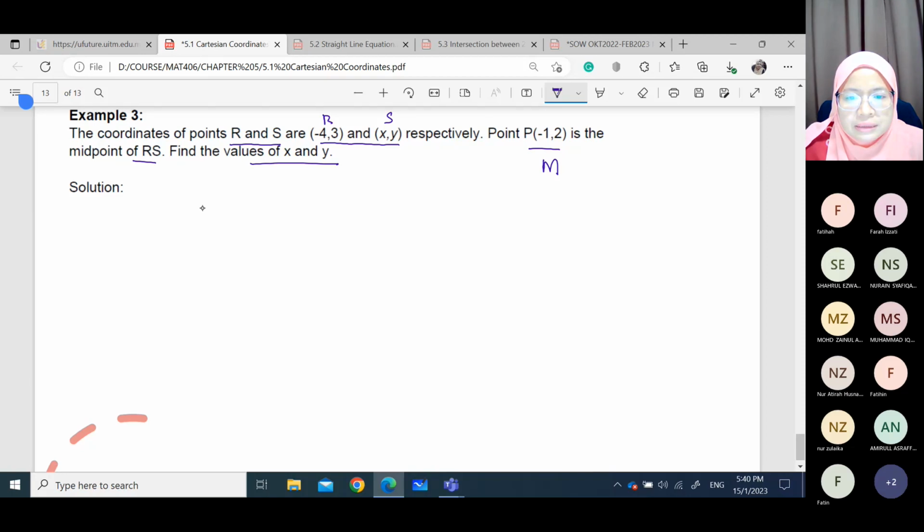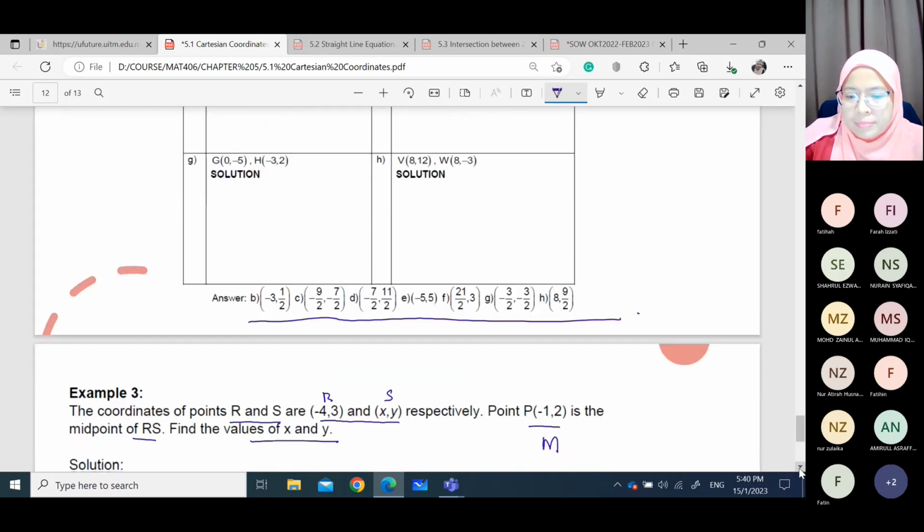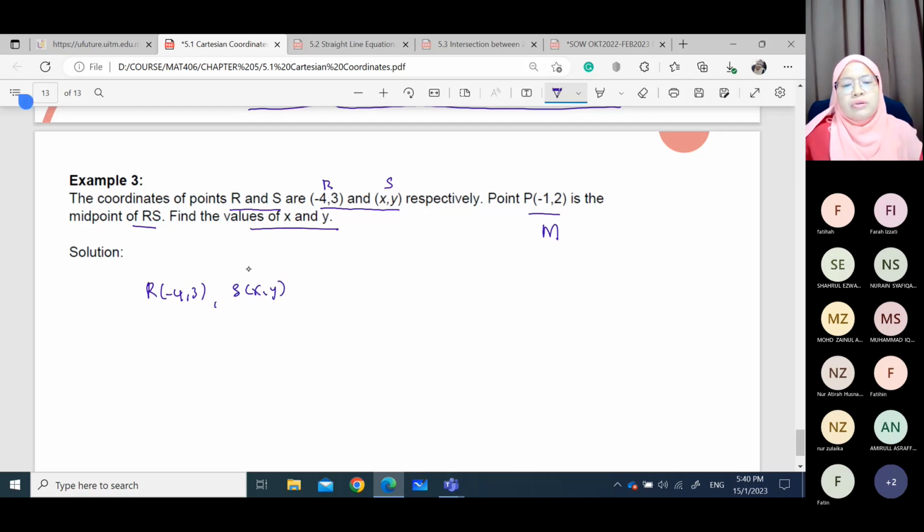Alright, so sekarang R is -4, 3, okay, and S is x, y, we do not know, so we need to find the coordinate for S, and P is the midpoint, so P -1, 2 adalah midpoint.